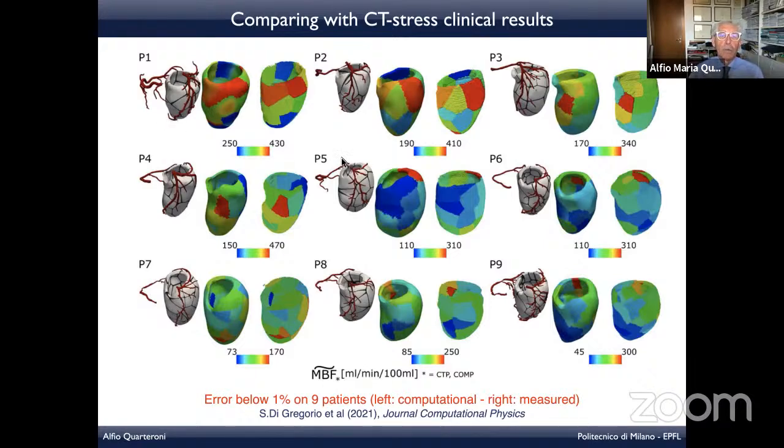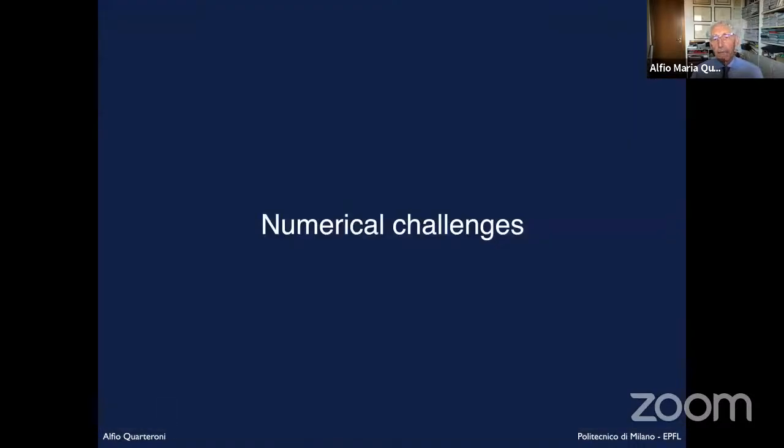And so we do it by numerical simulation, and then we compare. We have 9 different patients, and what you see is that we basically have a good reproduction of the perfusion mechanism. The errors are below 1% on 9 different patients. So it's a preliminary investigation, but it's somehow interesting.